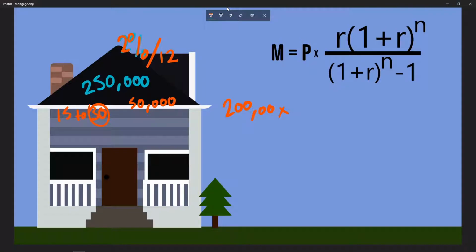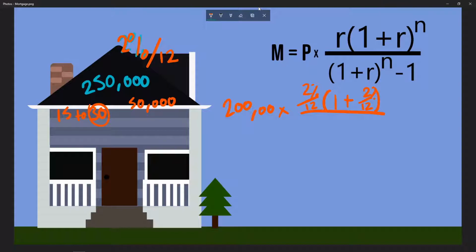I'll pull up a calculator here in a minute for you guys. Sorry, getting adjusted to this. All right. And then, it'd be 2% over 12, 1 plus the 2% over 12. And then this N is your payment monthly.